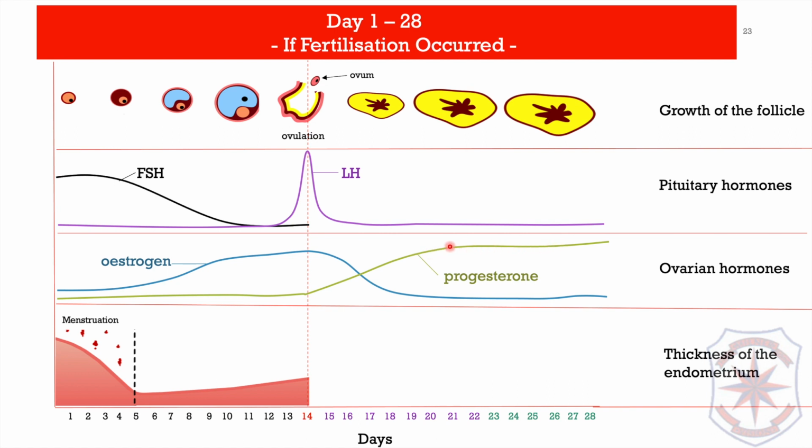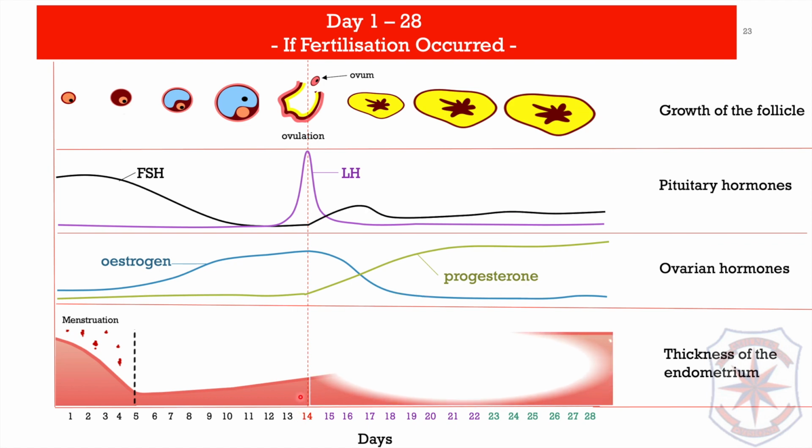Okay? And what is the function of progesterone? Now, remember, the thickening of the endometrium started off with what? It started off with estrogen. Now, estrogen levels have gone down. Then progesterone takes over from estrogen and it further thickens the endometrium, as you can see over there.